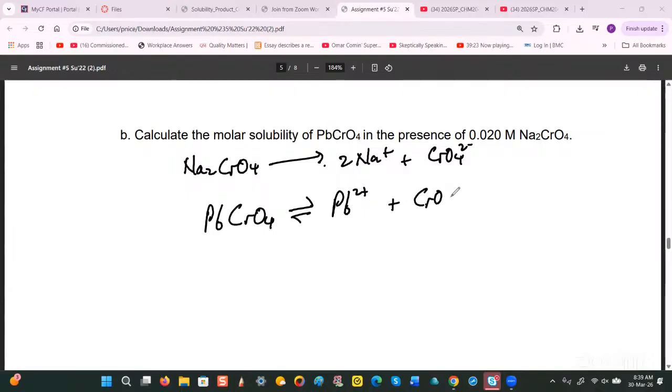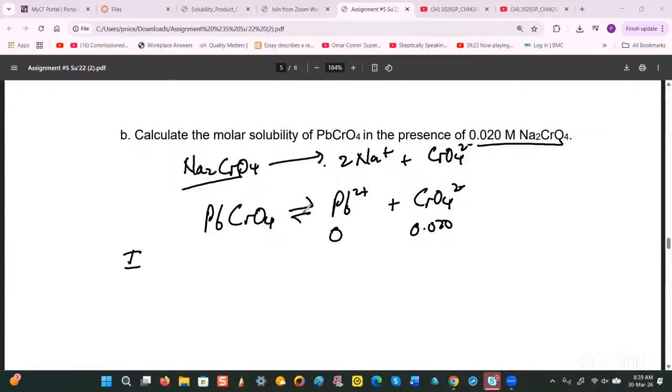All right. Now, in setting up our ice table, the initial concentration of the lead 2 plus is going to be 0. But the initial concentration of the chromate ion is going to be 0.020. The reason is that this chromate comes from the sodium chromate, and the molarity of that sodium chromate is 0.020, right?